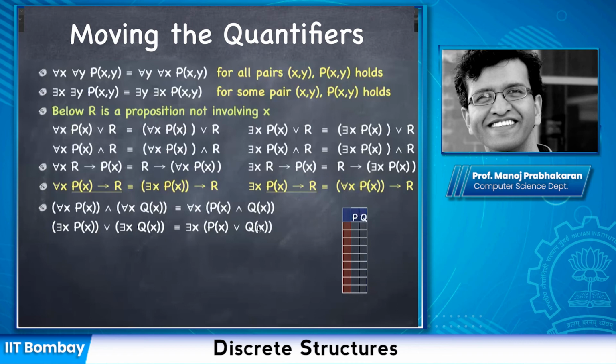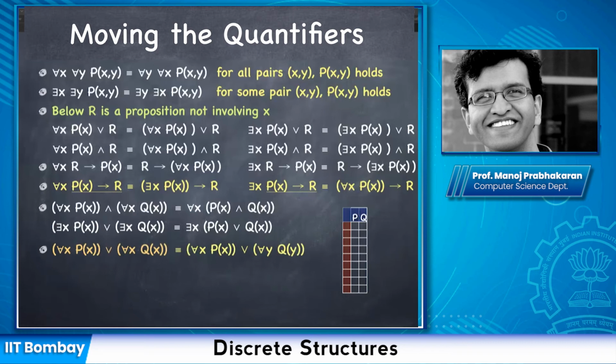What is this other one saying? There is some row such that either Px or Qx, either the first cell or the second cell, is lit up. So again it's saying somewhere in this whole table there is a cell that is lit up. That's all both sides are saying, so these are also equivalent.